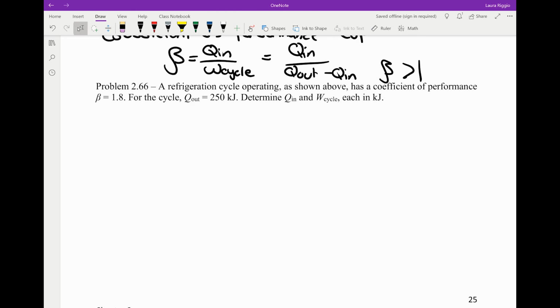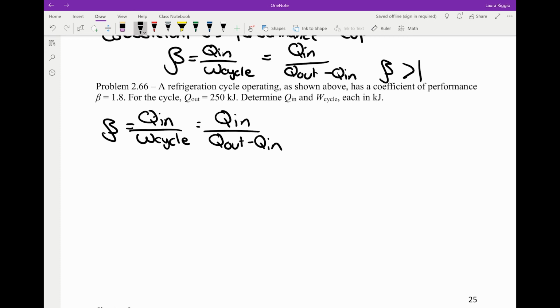So again, as a quick example, we have a refrigeration cycle operating as shown above. It has a coefficient of performance of beta equals 1.8. Q out for the cycle is 250 kilojoules. We need to find Q in and W cycle. So by definition, beta is equal to Q in over W cycle, which is equal to Q in over Q out minus Q in.